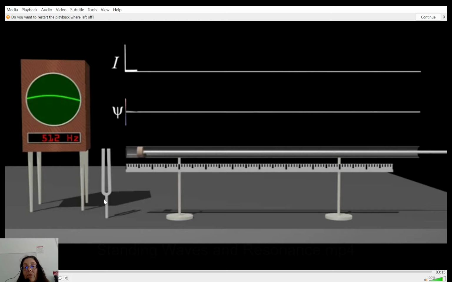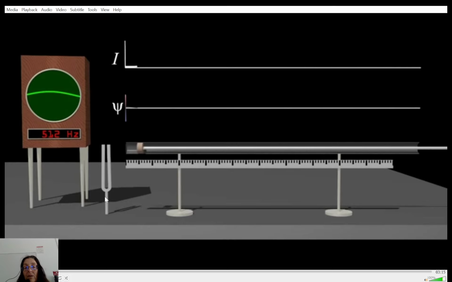You see here you have a tuning fork. It's going to sound one pitch, so one frequency. One tuning fork is one frequency. The sound wave is going to be inside that tube, which is open at one end and closed at the other end, and only for some size of the tube will you have resonance. You can make those standing waves.